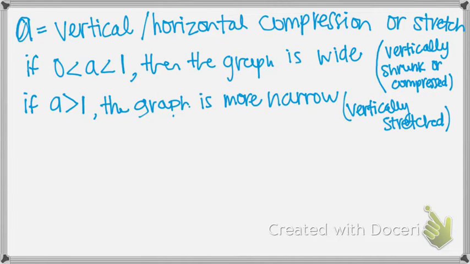Now, a way I remember this one: I don't know what those people are called, but those people at carnivals that are on the stilts, they're really, really tall. All right, so if they are vertically stretched, they are becoming what? Taller. They're becoming taller, okay? Now, if we are dealing with a parabola and it's vertically stretched, it's going to become skinny. It's going to get more narrow, okay?